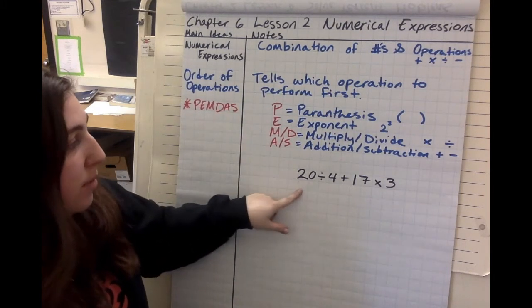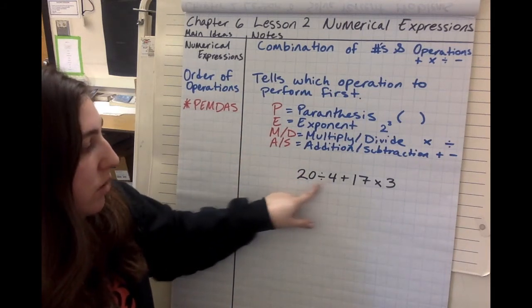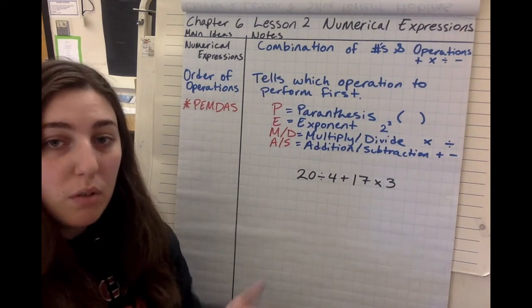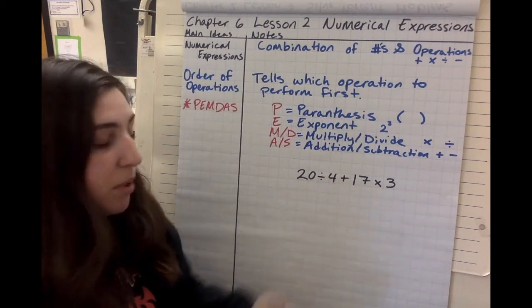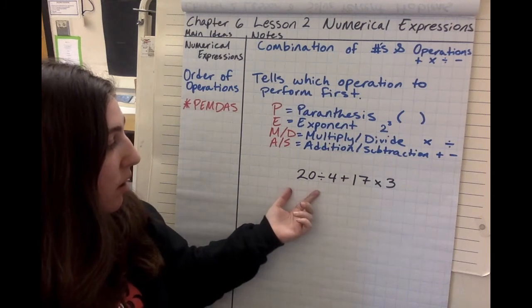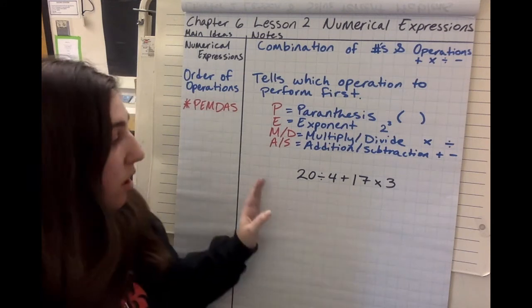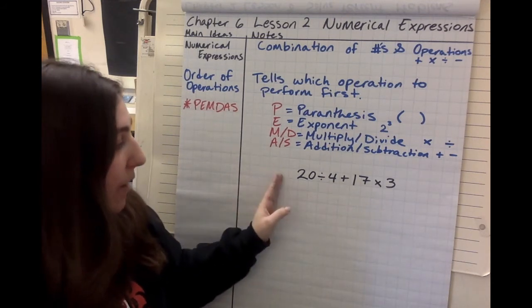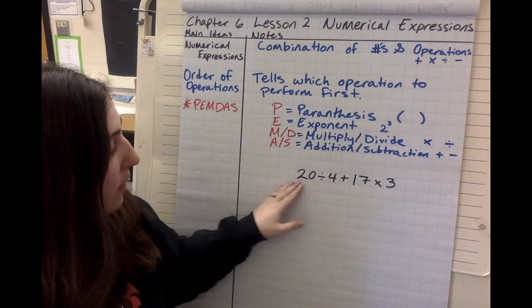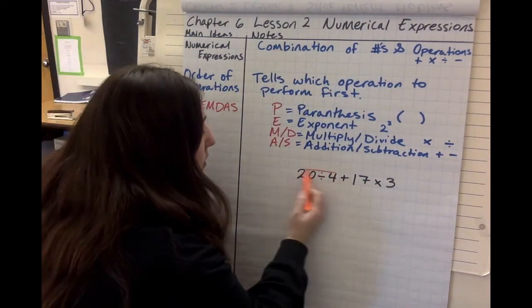We don't see any exponents here, so our next step is to look for multiplication or division. I do see division and I do see multiplication, but I'm at a crossroad. Which term do I simplify first? You will always read, just like you read in a book, left to right. You're going to perform these from left to right. So I'm going to do what's on the left side first. In this case, it's 20 divided by 4, so I'm going to do this first.